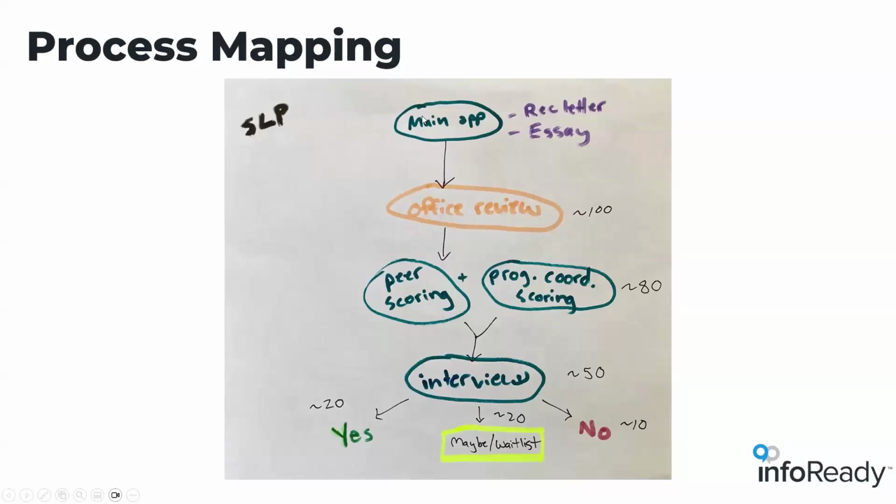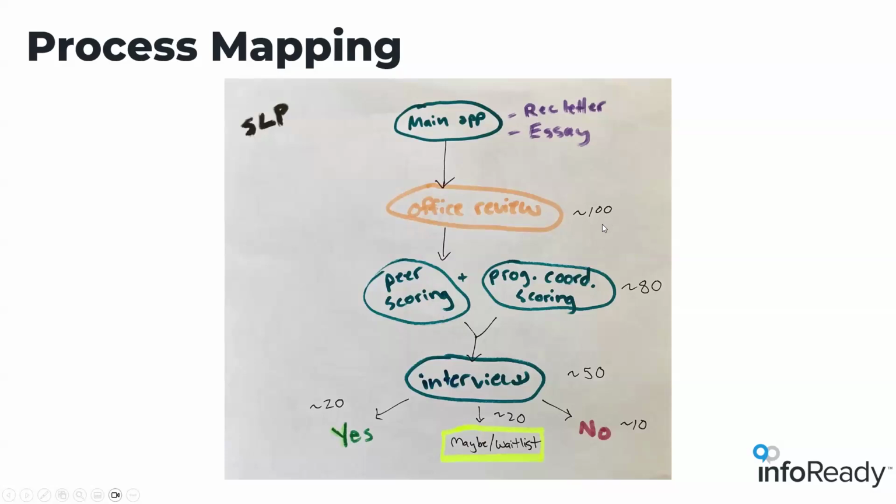The reason I did this is that a lot of what we do in InfoReady kind of forces you to think a little more linearly. We're going to do step one before we do step two. But we also understand that your process is probably going to look a lot more like this, where things are branching off and different numbers are reducing as you go on.